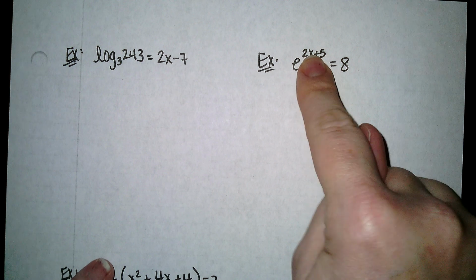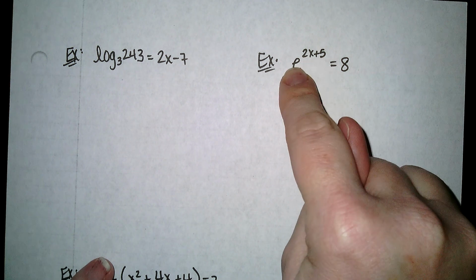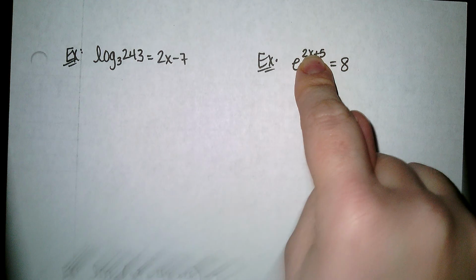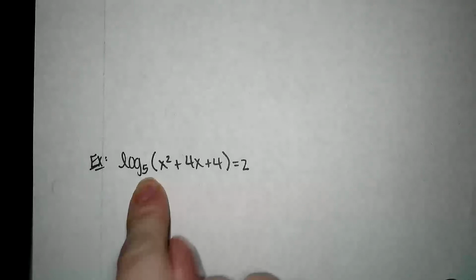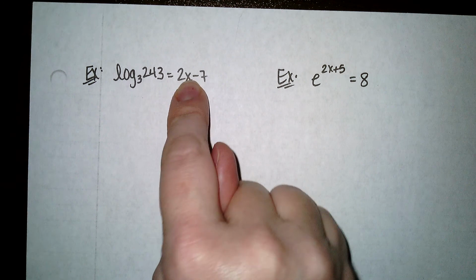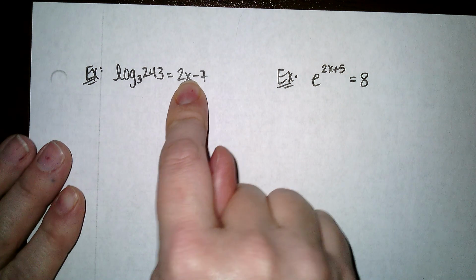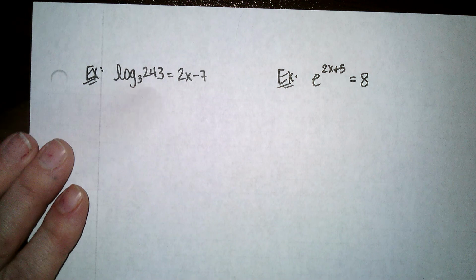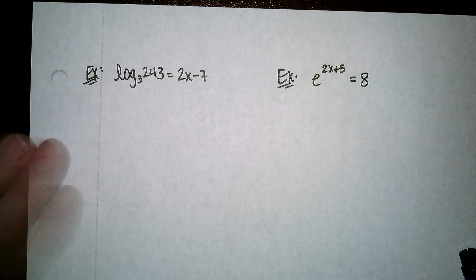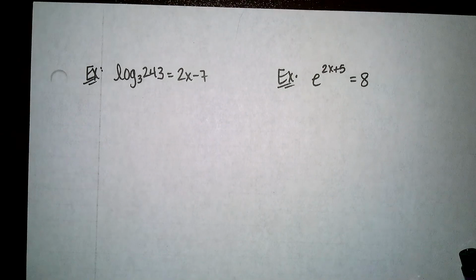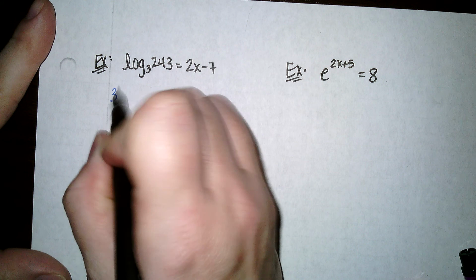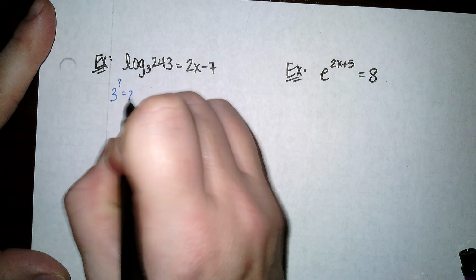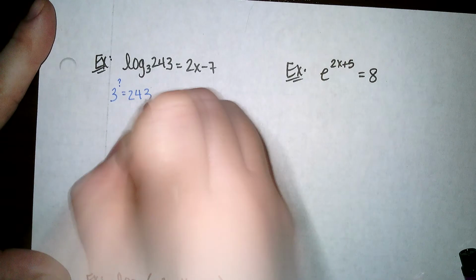Like here, I need to get that x out of the relationship of being in an exponent with e. Here, I need to get the x out of the relationship with the log base 5. Here, the x is over here being all independent, so it's fine. I don't want to put it up into the exponent because that would make things complicated. So instead, I need a different approach to this. I remember that log base 3 of 243 is asking me the question, 3 to what power gives me 243?